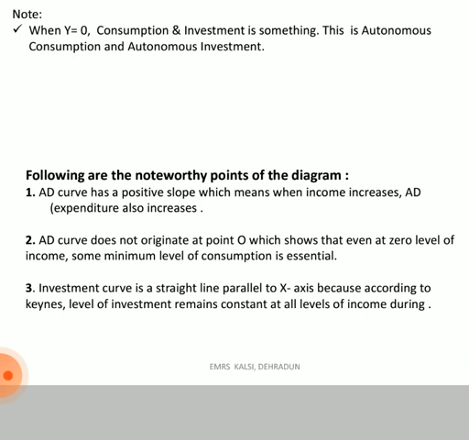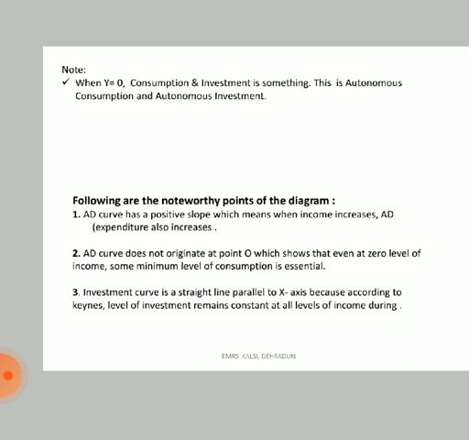According to Keynes, the level of investment remains constant at all levels. So why is it horizontal? Because the level of investment is the same. Why is it the same? Because it is autonomous investment and it is for survival, not for profit motive. You can write this.